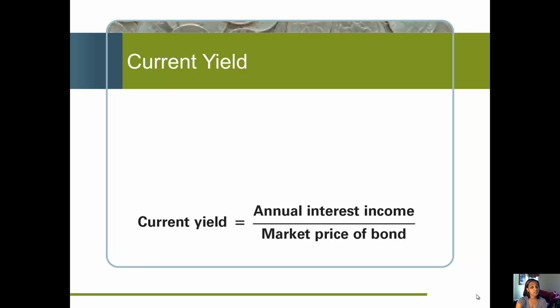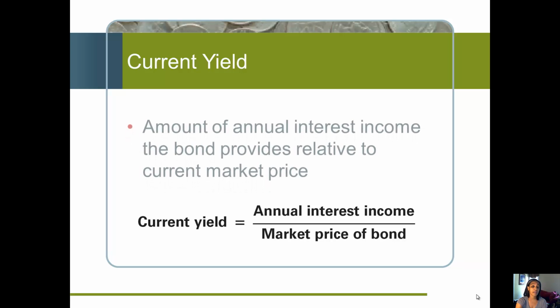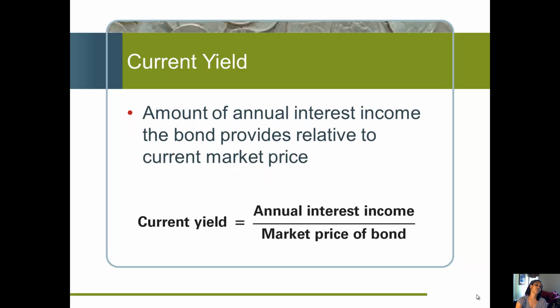So going back to the current yield, it's the annual interest income that we get on the bond divided by the market price. So this is similar to the dividend yield on a stock, because both of these, the current yield and the dividend yield, are a measure of your earnings from current income on the security.